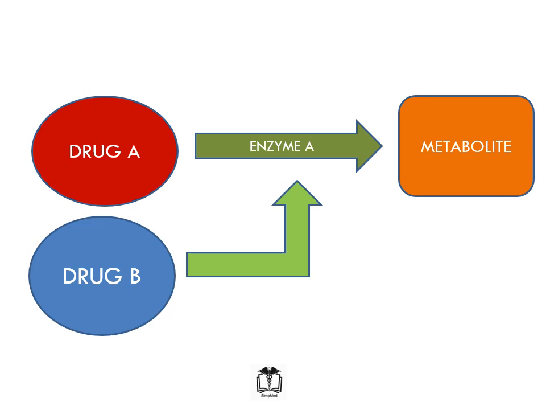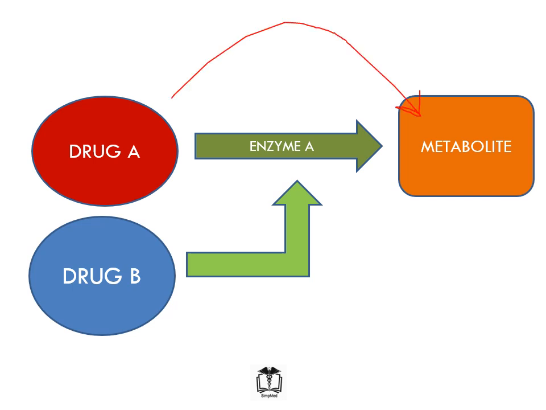Imagine we have drug A and drug B being given concurrently, and drug A is metabolized by enzyme A into a metabolite. If drug B is an enzyme inducer of enzyme A, once we give these two drugs concurrently, drug B would induce enzyme A, stimulate the enzyme, and thereby lead to excessive metabolism of drug A. So we have drug A being converted more into the metabolite.